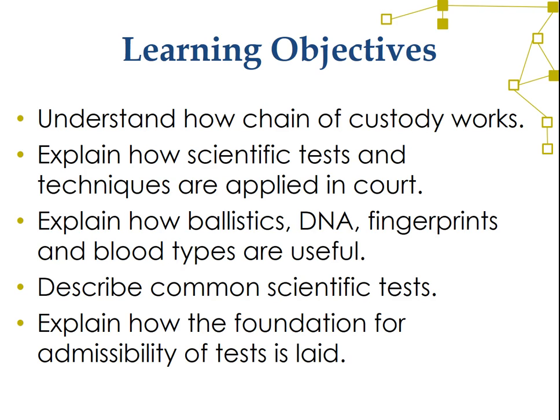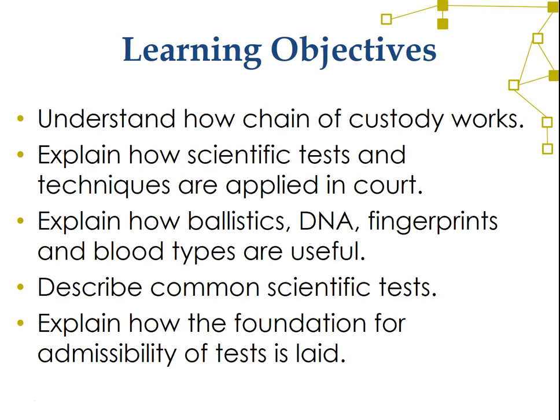Well, first to understand how chain of custody works, because this is really important, and we heard a little bit about that in a previous chapter. Explain how scientific tests and techniques are applied in court, and explain how, let's say, ballistics and DNA and fingerprints and blood types are useful, and describe common scientific tests, and explain how the foundation is laid for admissibility of tests.